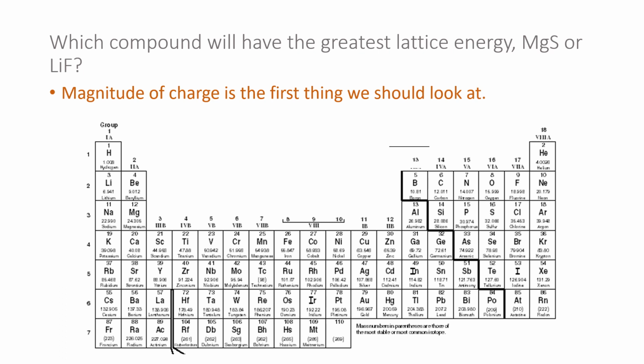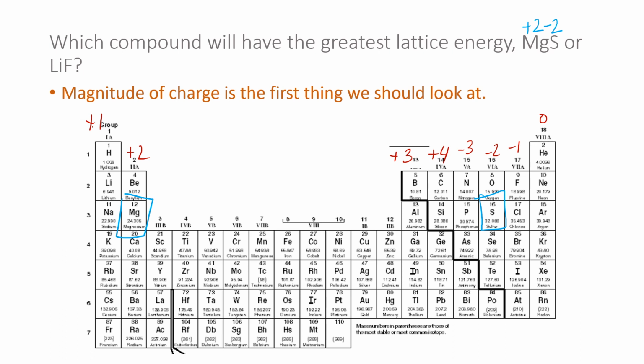So we have to find magnesium first. Magnesium is here, and we need to know the charge. Let's go ahead and write it in. Magnesium has a +2 charge. And we look at sulfur. Sulfur is here. Now sulfur has a -2 charge.